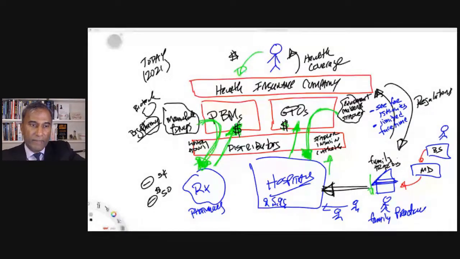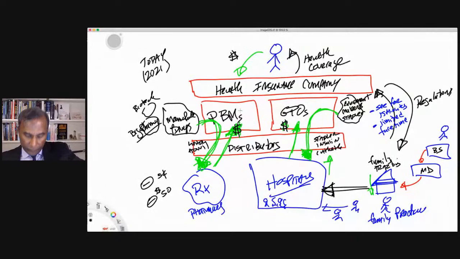Let me go back to this diagram here. So the flow right here, the flow of every equipment coming into a hospital, okay, is controlled by 3 GPOs. 1, 2, 3, control the flow of all the equipment coming through hospitals.